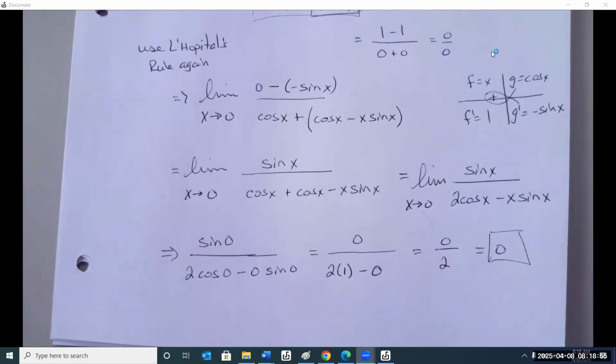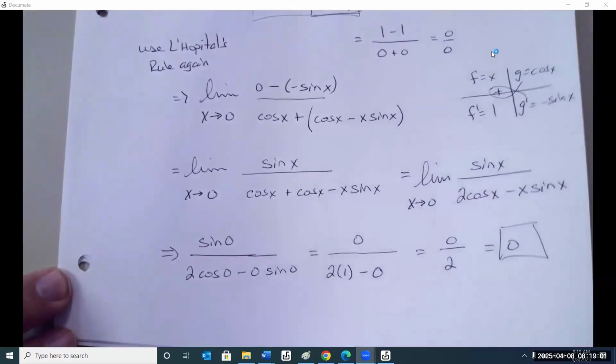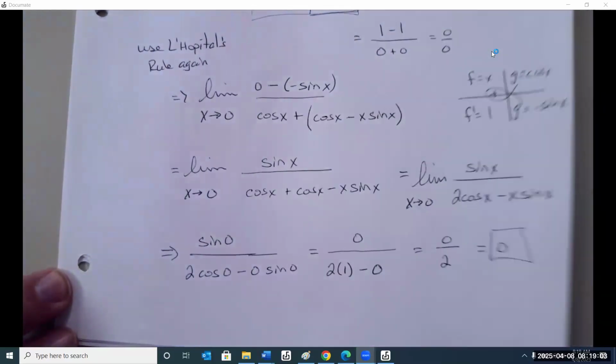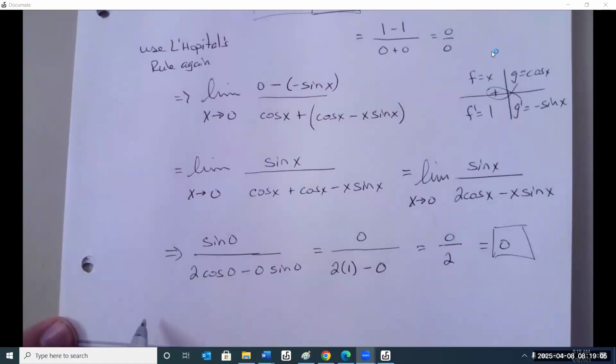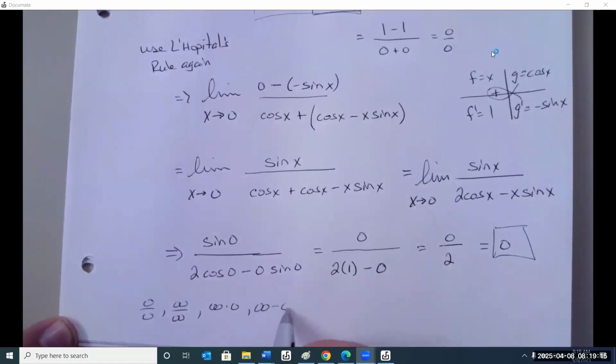Again, you have to remember how to do your product rule, your quotient rule, your derivatives of all sorts. So that's how we use that. So those are the indeterminate forms of 0 over 0, infinity over infinity, infinity times 0, or infinity minus infinity.